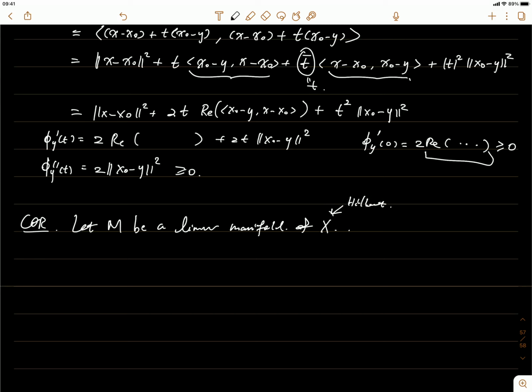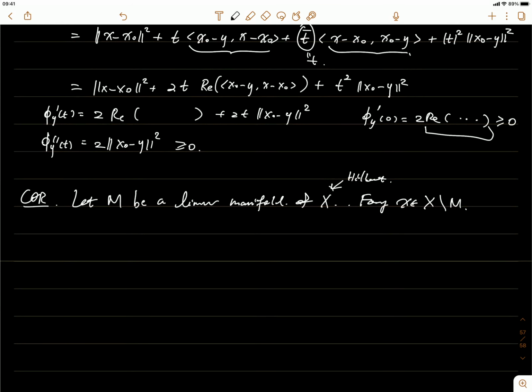And then for any x outside of this M, we can consider the projection.